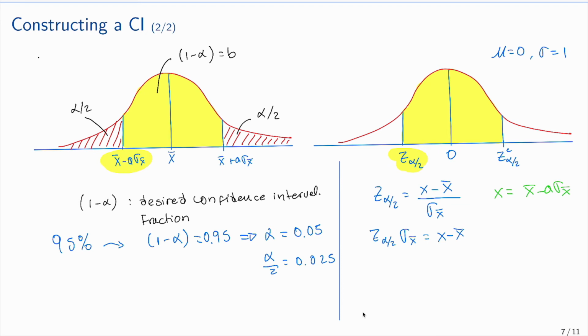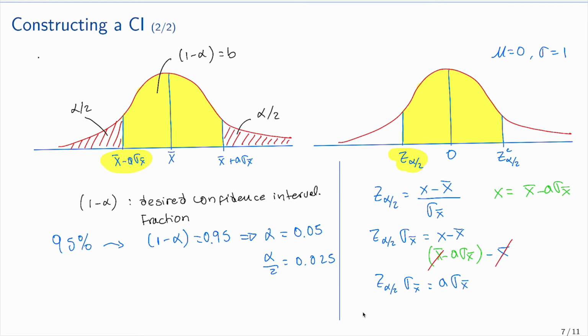But recall that x is equal to x bar minus a times sigma of x bar, minus x bar. So the x bar will cancel with the x bar, and then we have that z of alpha over 2 multiplied by sigma of x bar is equal to a multiplied by sigma of x bar.